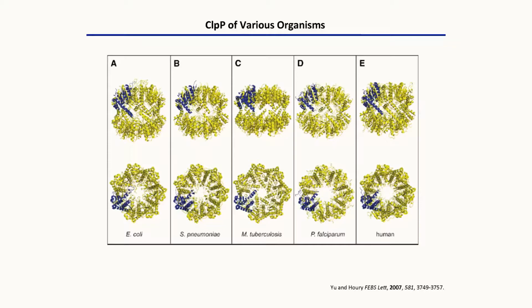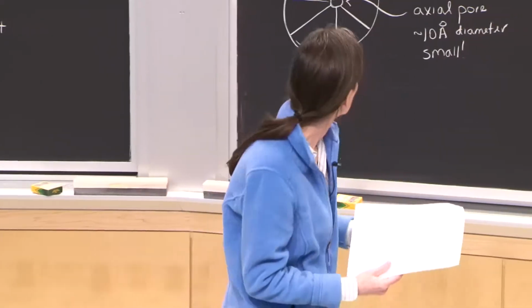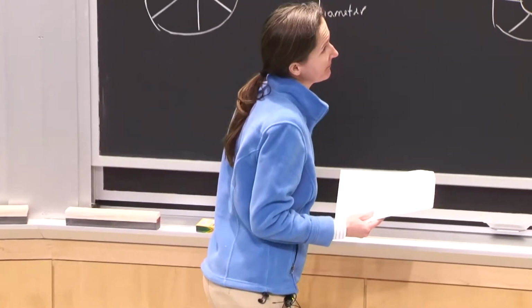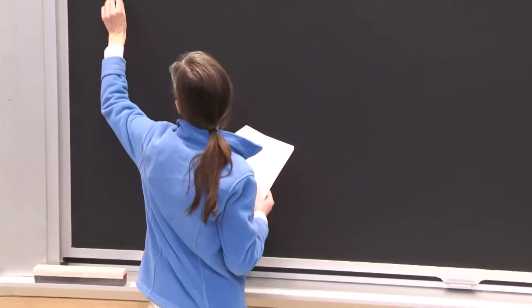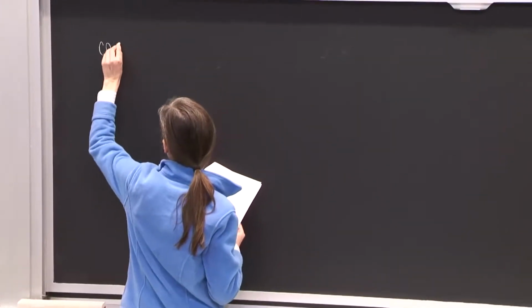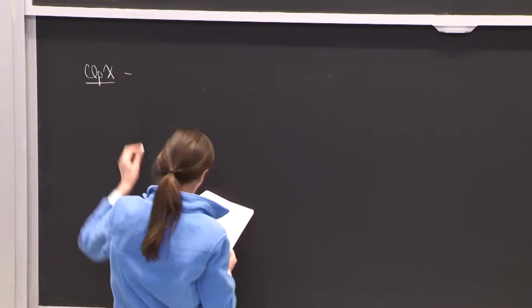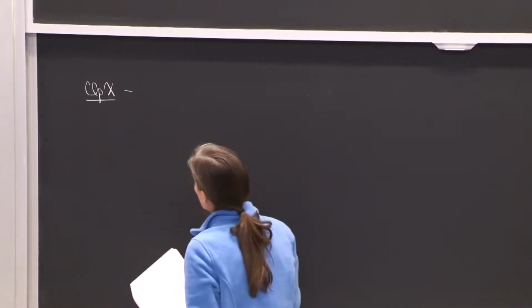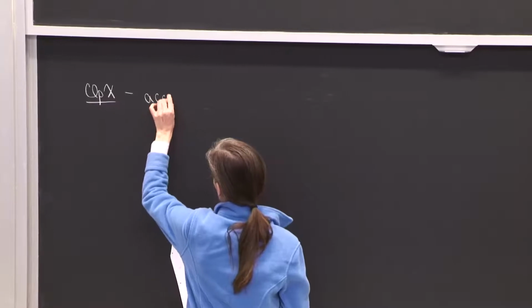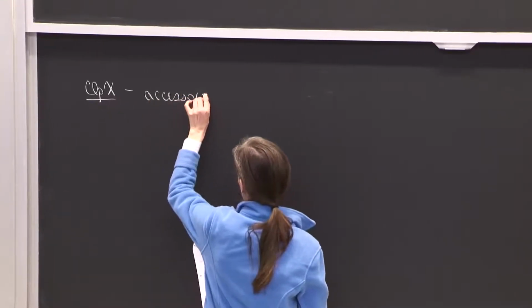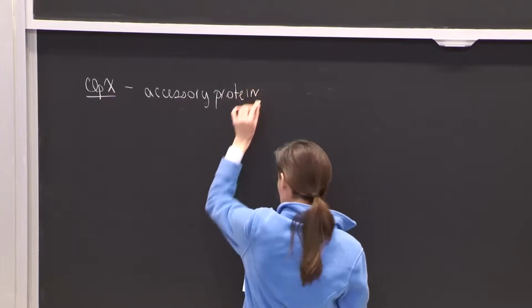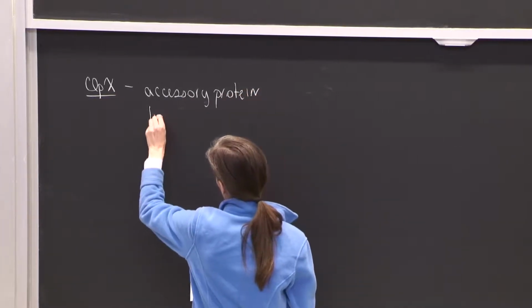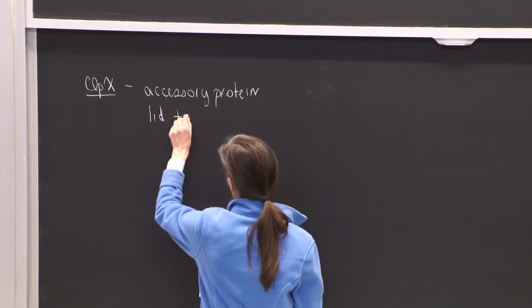So what is ClpX? Moving forward. ClpX is effectively an accessory protein, and in some respects, we can think about it as a lid to the proteasome.